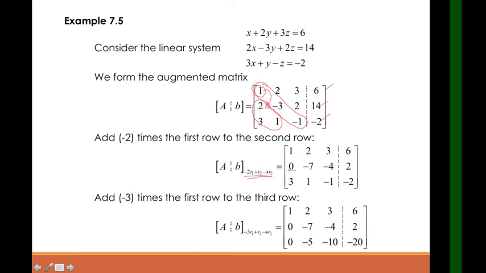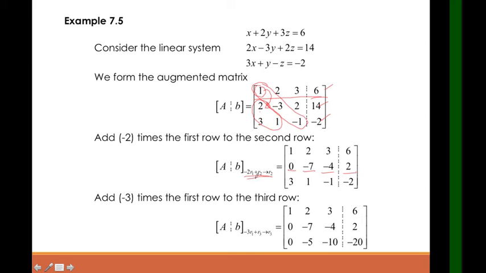Negative 2 times 2 is negative 4 plus negative 3 is negative 7. Negative 2 times 3 is negative 6 plus 2 is negative 4. And negative 2 times 6, negative 12 plus 14 is 2. Kasi ito, kasama siya sa isa-solve natin. So, ito yung row 2 niya. Okay? Next. So, we're done here.